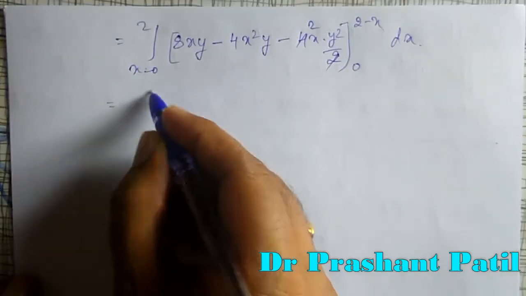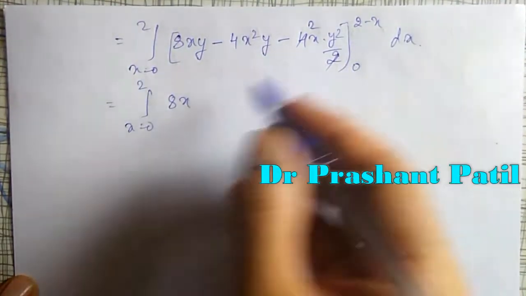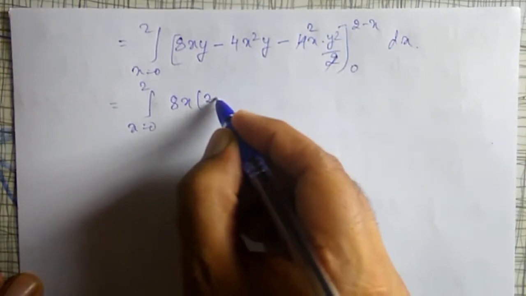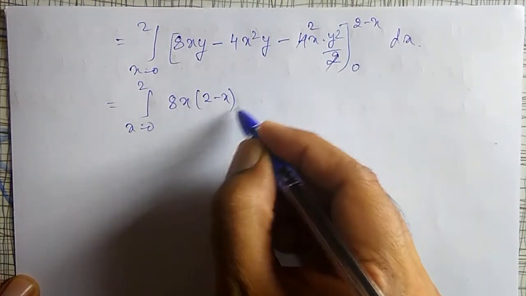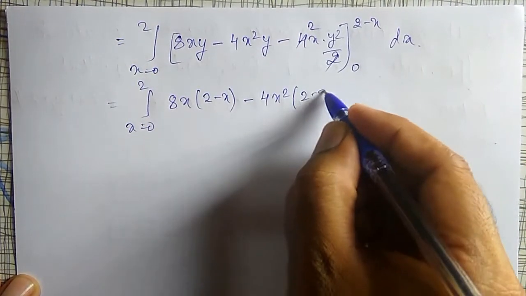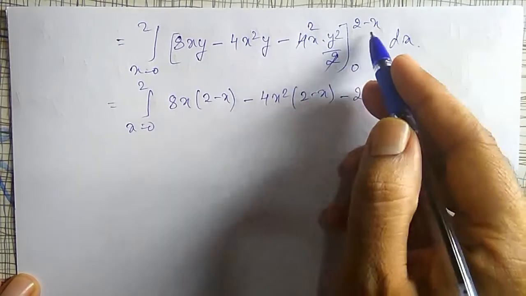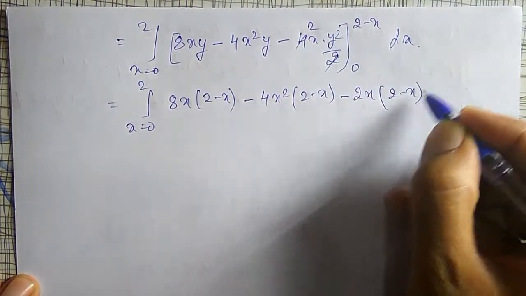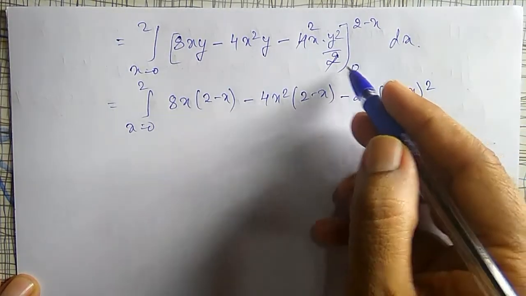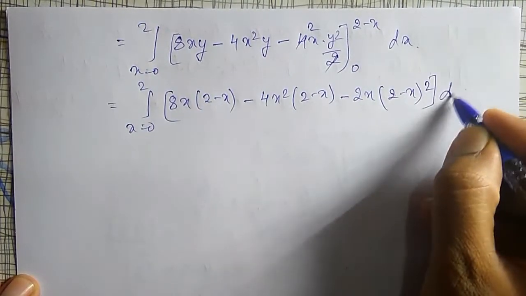Here the 2s I can cancel. Integration from x equal to 0 to 2, 8x into y, which is 2 minus x, minus lower limit 0, minus 4x square into y, again 2 minus x, minus 2x into y square, that is 2 minus x the whole square, and for the lower limit everywhere y is there, it will be 0, into dx.